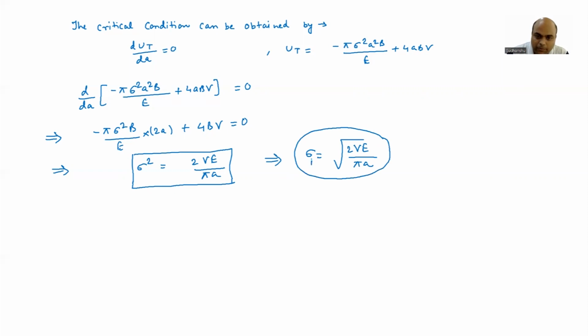And now I will put sigma F here because we are talking about the critical condition. Okay. So the crack propagating stress, or the stress at which the crack is going to propagate, can be given as root of 2 gamma E by pi A, and this is what Griffith proposed.